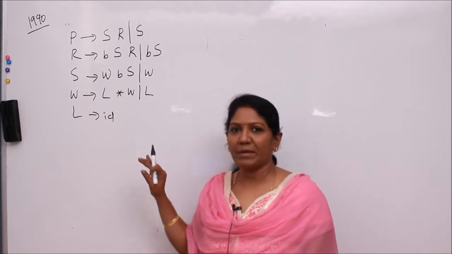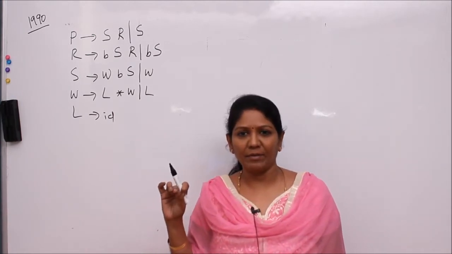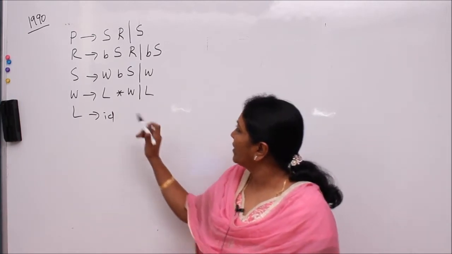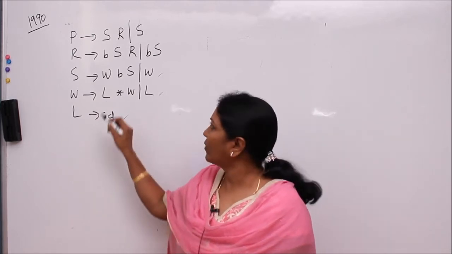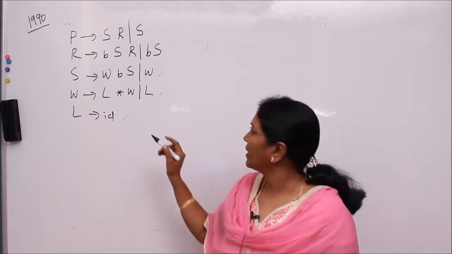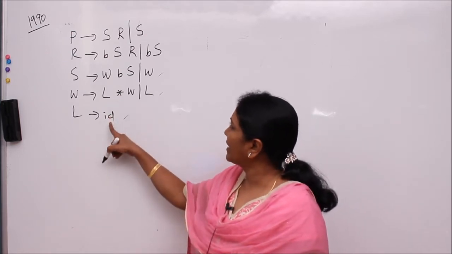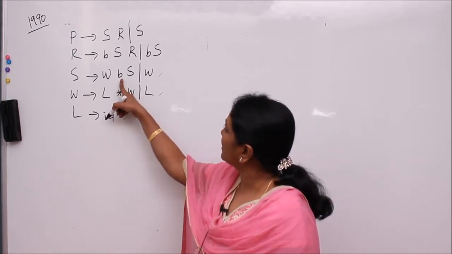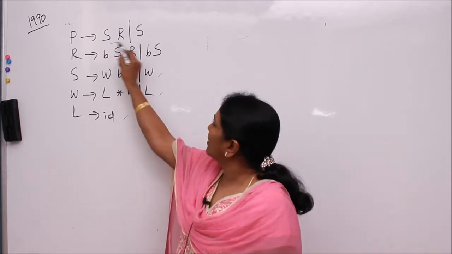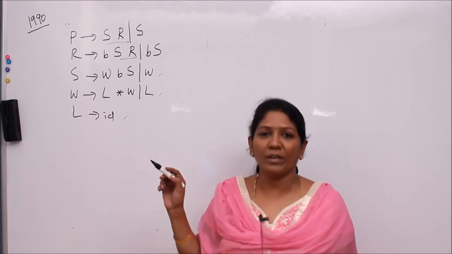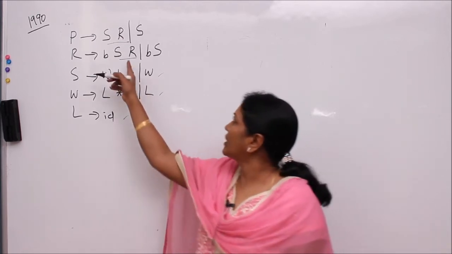Now look at this grammar. Is this grammar an operator grammar? Check out here. There is no problem with this, no problem with this, no problem. By the way, what are the terminals and non-terminals here? Here star is a terminal, ID is a terminal, blank is a terminal. Remaining all are non-terminals. So if you look here, two consecutive non-terminals are not allowed in operator grammar, just because of these two.